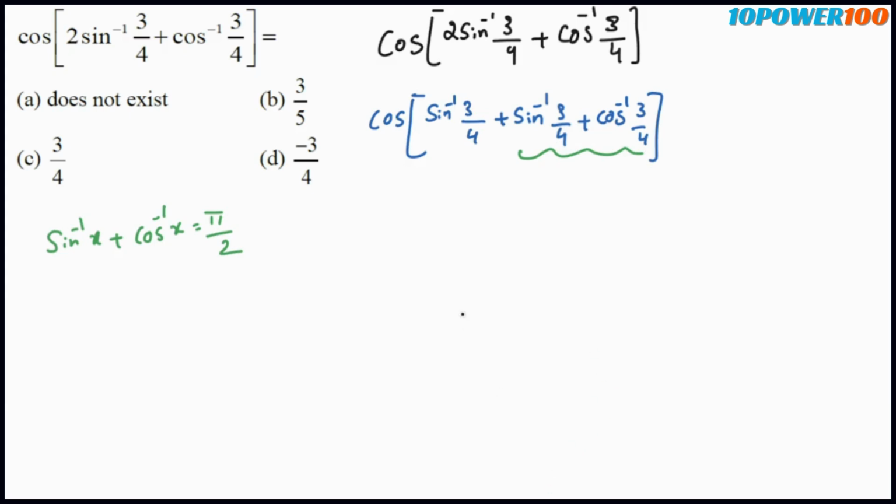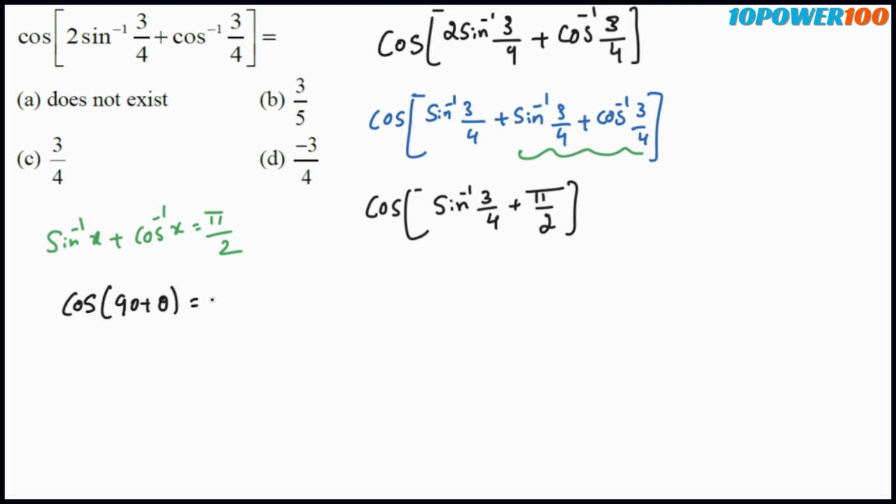So here we get cos of sin inverse 3 by 4 plus pi by 2. You know the allied angle: cos of 90 plus theta becomes minus sin theta. So here also we have the same scenario.